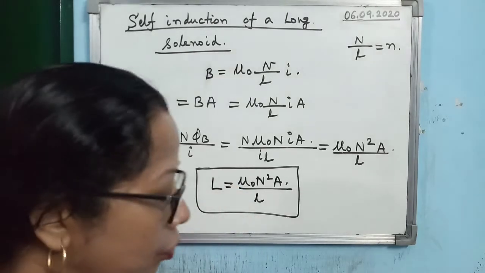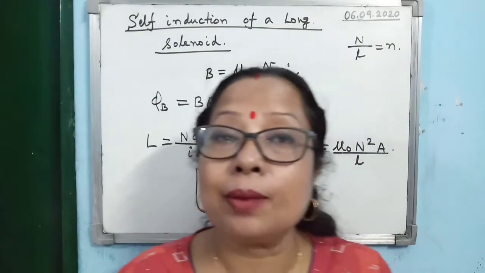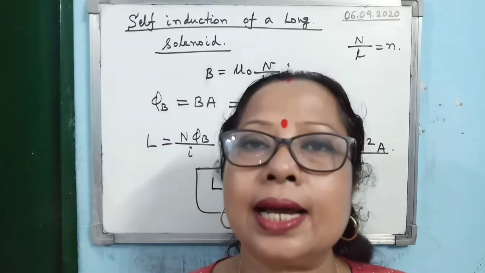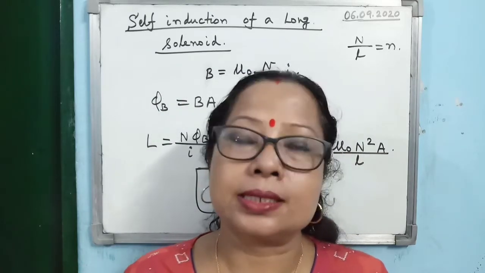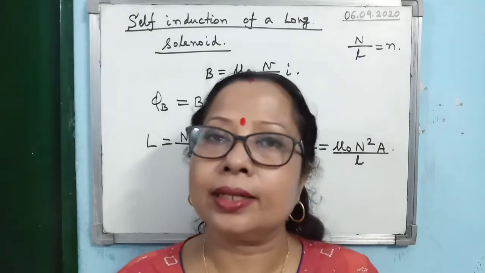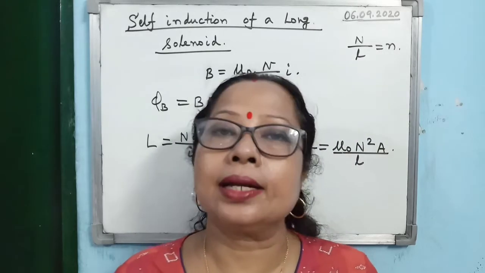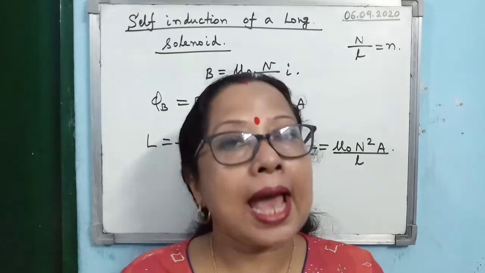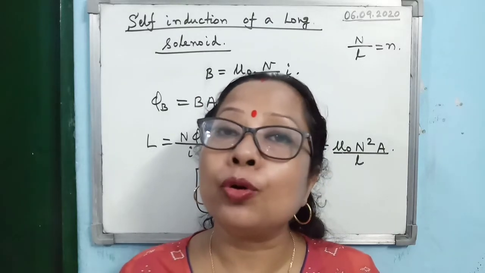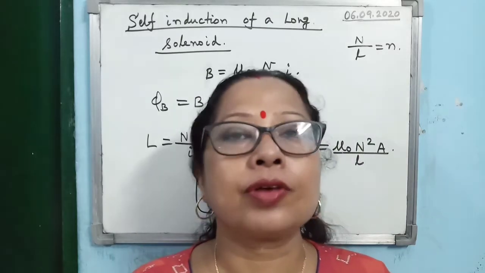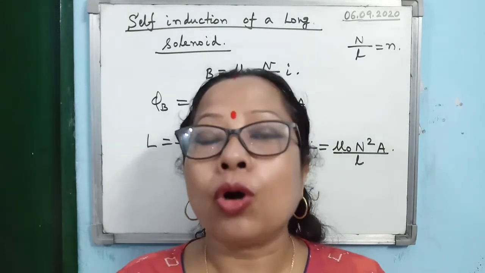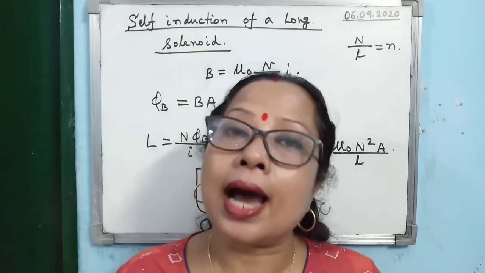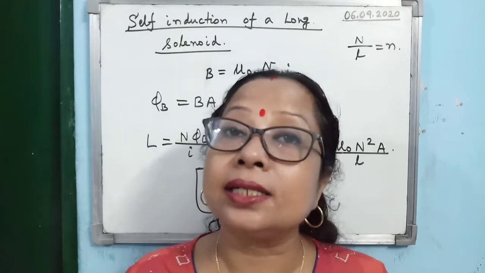So you see, from this discussion we have seen that whenever there is a solenoid, a coil of several turns, and when current passes through it, then what will happen? Electromagnetic induction will take place, due to which it will oppose the growth or decay of current in the circuit. That's why this kind of coil or solenoid is known as an inductor.